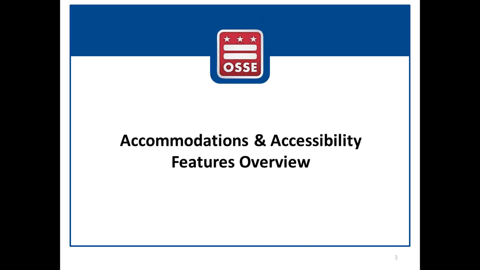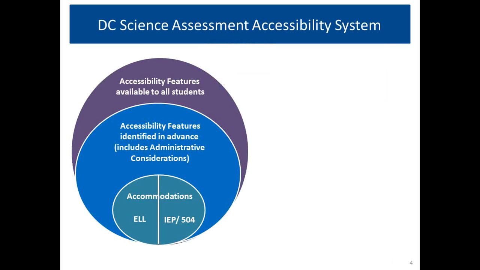First, let's talk about accommodations and accessibility features in general. As you know from giving the PARCC assessment, there are different categories of features that are available. Some features are available to all students, including students with disabilities and students without disabilities, and including English language learners.